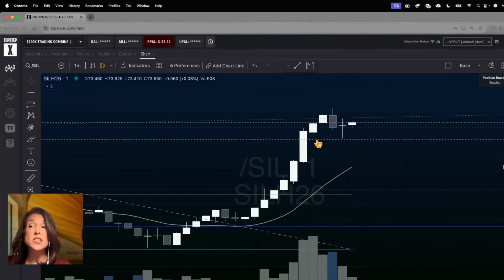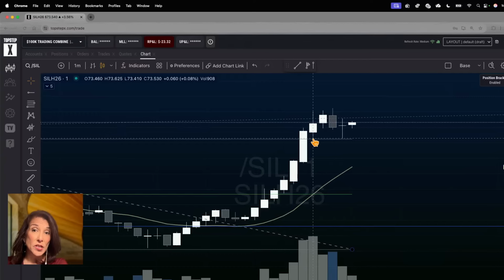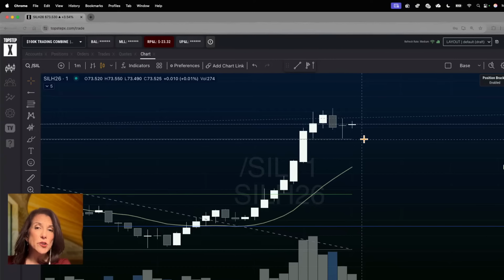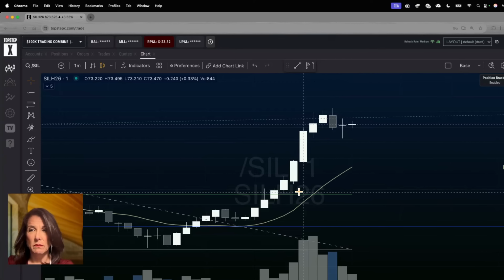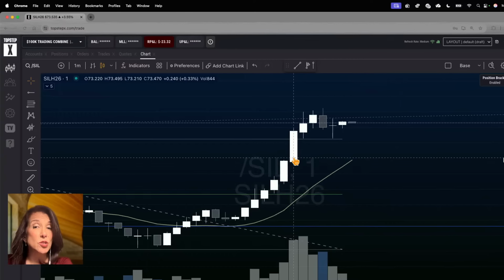So you could say to yourself, listen, if I want to take a long, I could go long at the low that's getting built here at 73.40, and you make your stop. It's still very far away because the move was so gigantic.